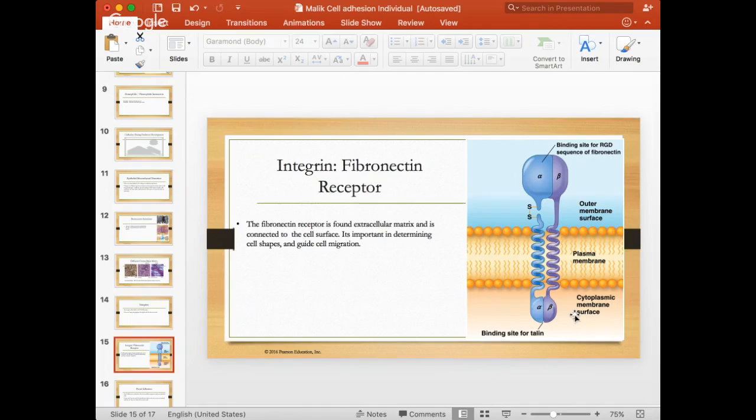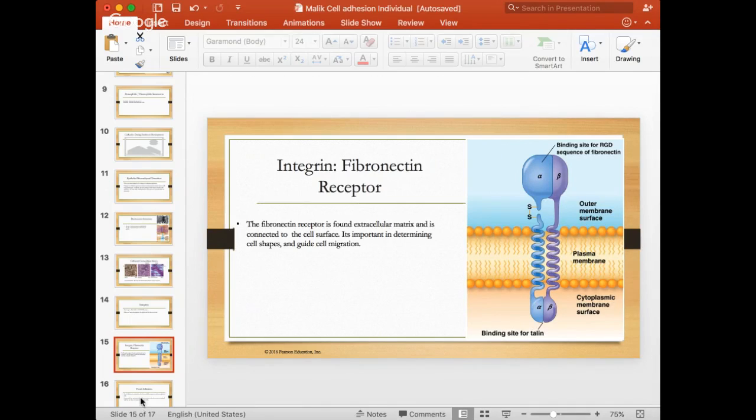It has a binding site for the cytoskeletal protein. What I mean by the tails is the tails down here. The tails of the integrins interact with proteins in the cytosol, which link integrins to the cytoskeletal proteins.